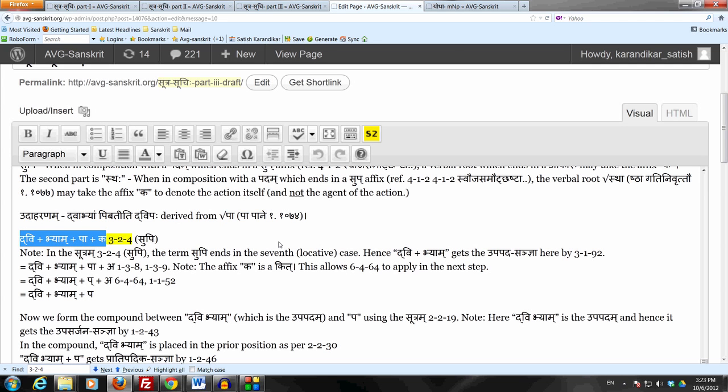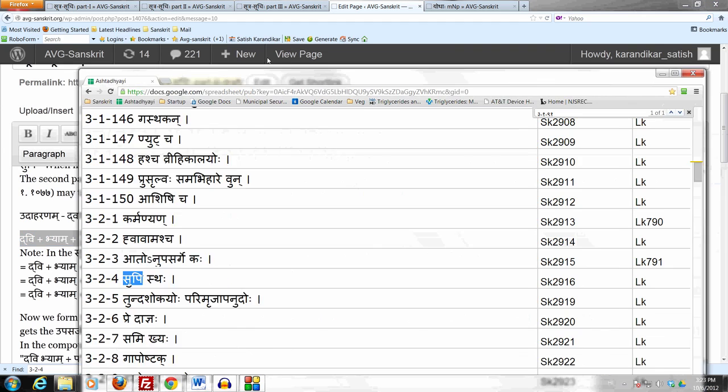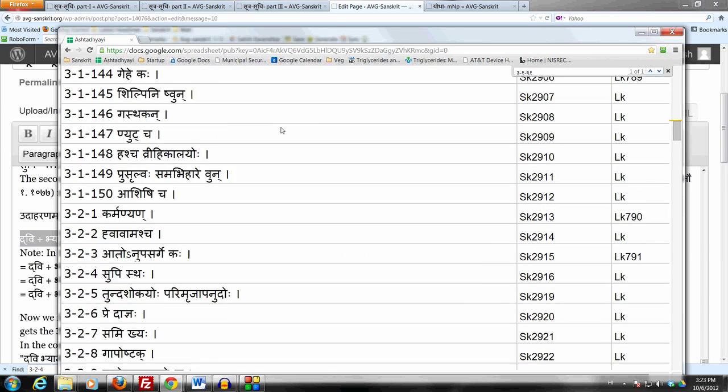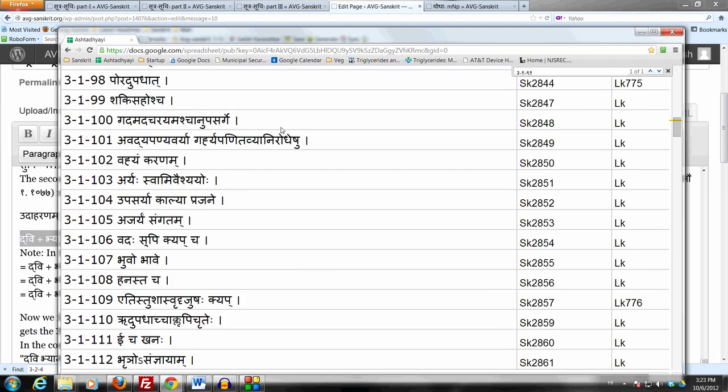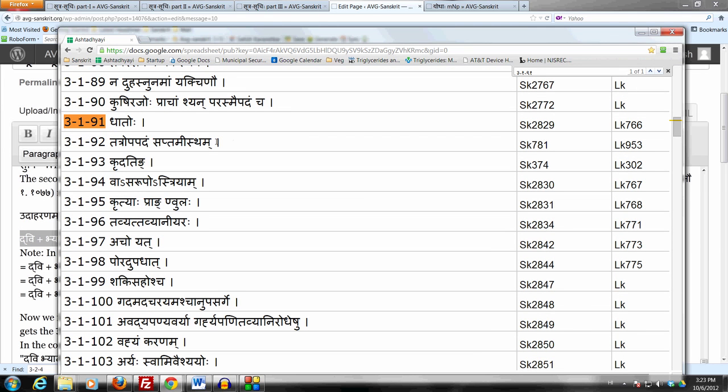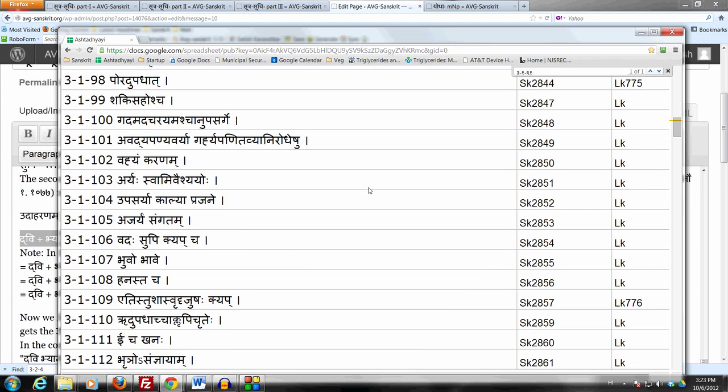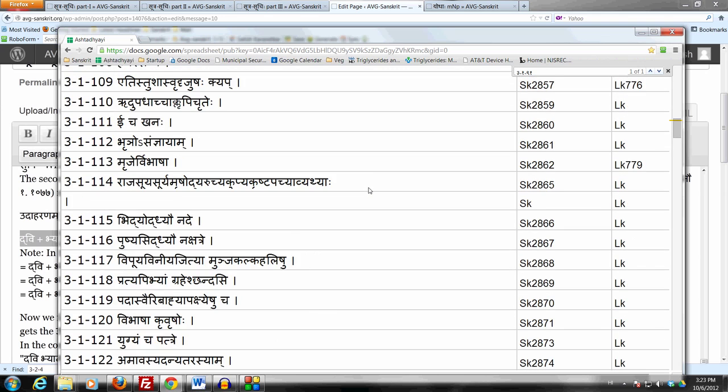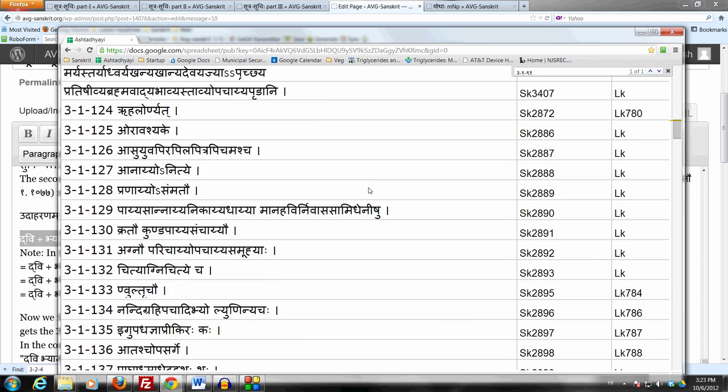Because of the sutram tatra upapadam saptami stham, which we have been using, 3192, tatra upapadam saptami stham, these affixes which are prescribed using a saptamyantam padam in the sutram or as anuvrittihi may be used only on the condition that they are in composition with the appropriate upapadam.